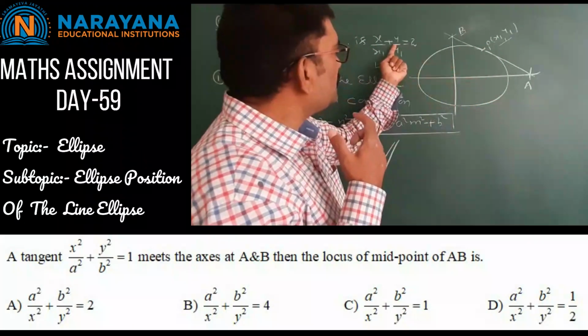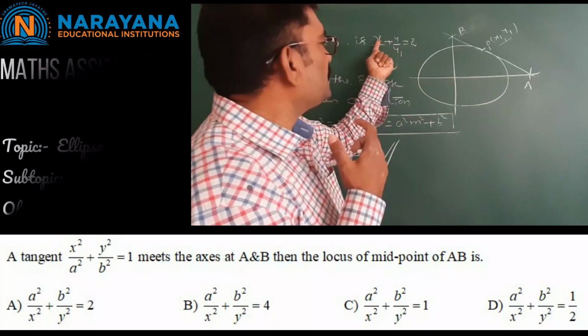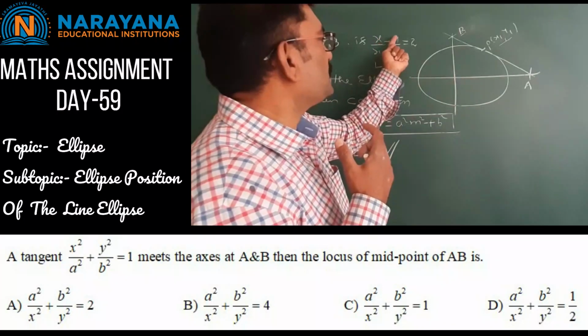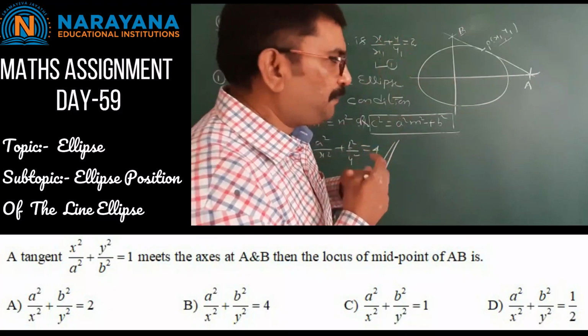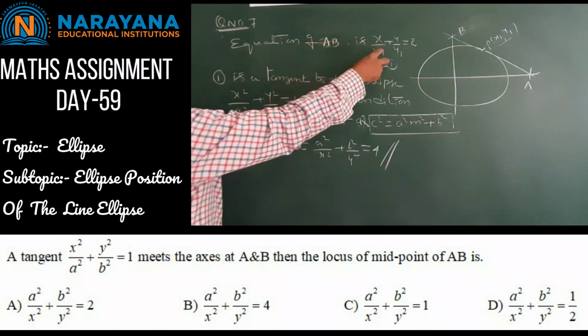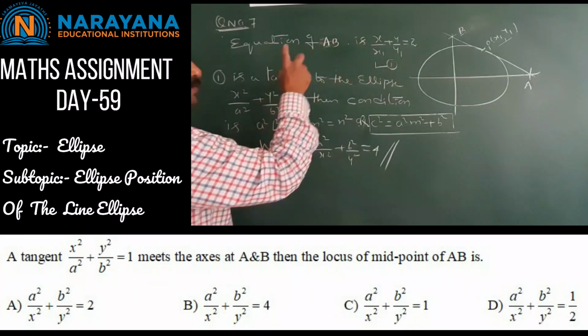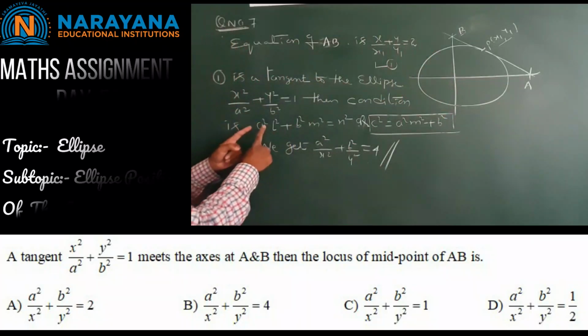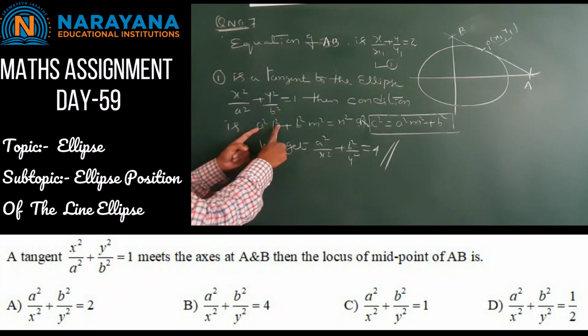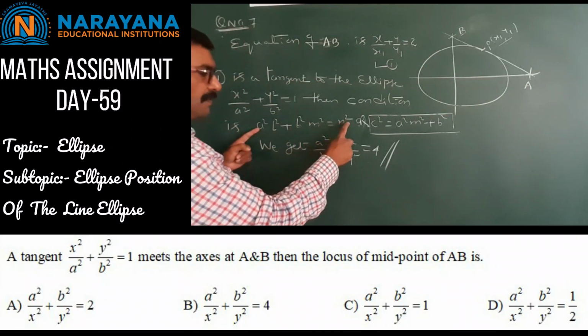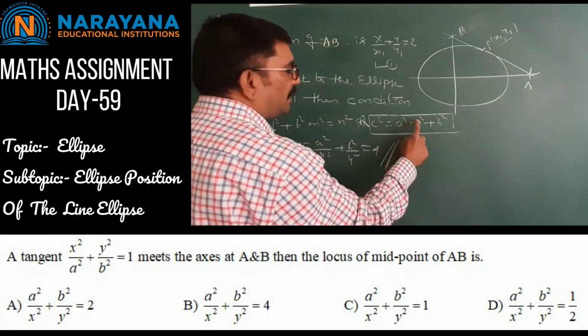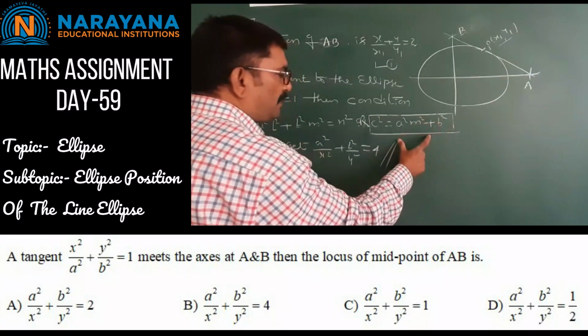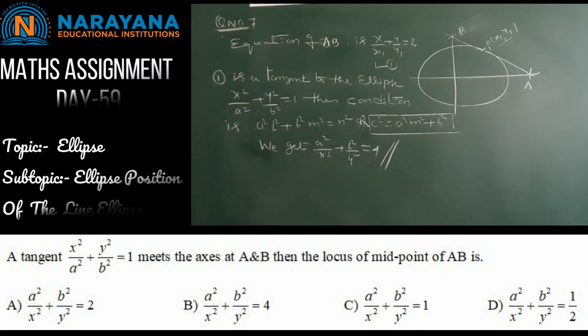With that concept, we are able to write its equation as x by x1 plus y by y1 is equal to 2. Later, if this line is a tangent to the ellipse, then the condition is a square l square plus b square m square is equal to n square, or c square is equal to a square m square plus b square. Apply this condition, we get the required result.